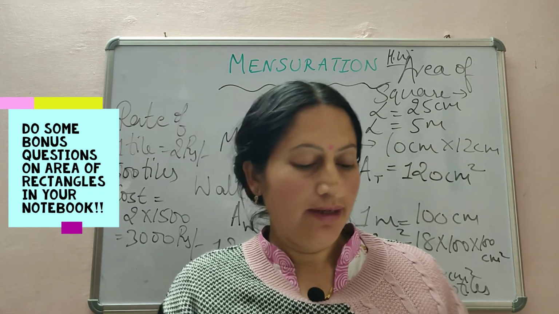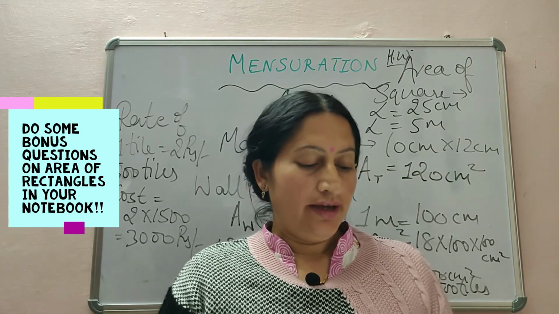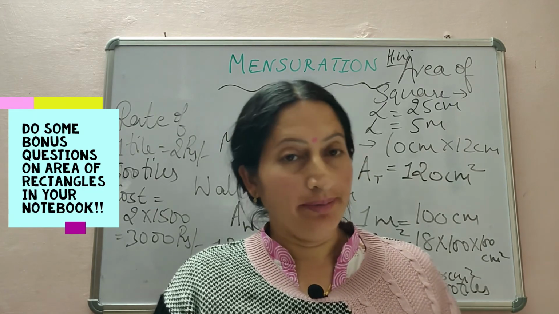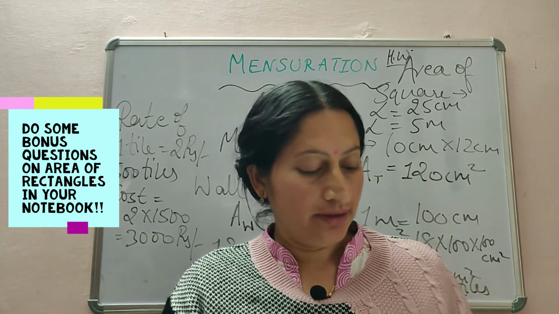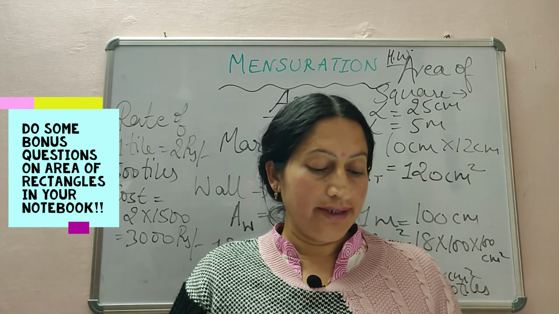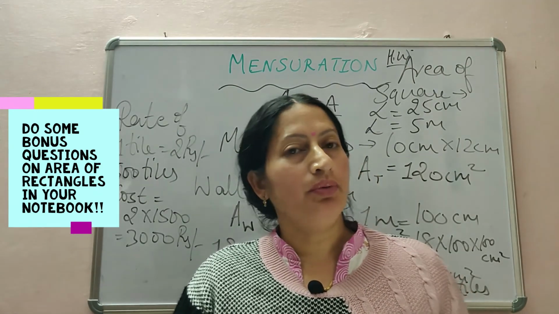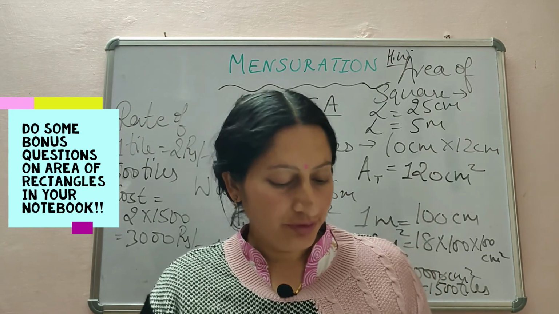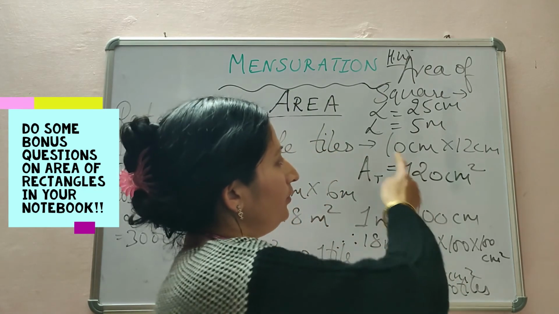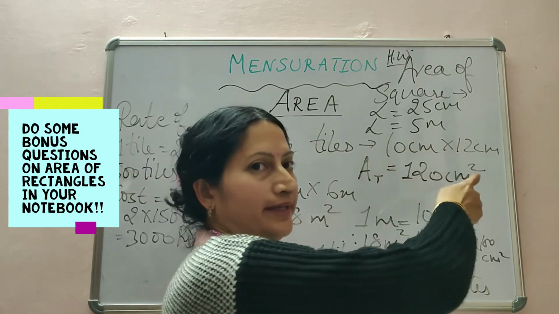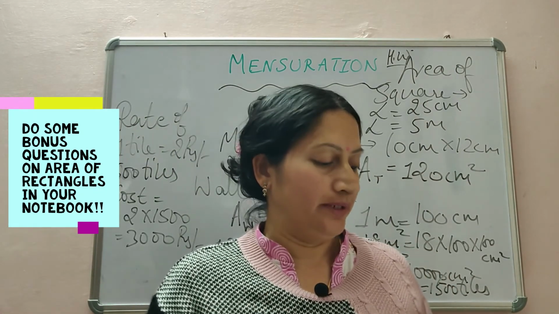You can do these questions also. They are very simple, like what will happen to the area of a rectangle if its length and breadth are trebled, or length is doubled and breadth is same, or length is doubled and breadth is halved. If length and breadth both are trebled, you will have to multiply L into B with 3 because both are being trebled.